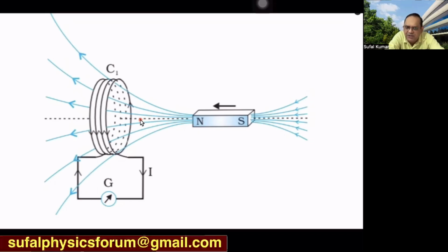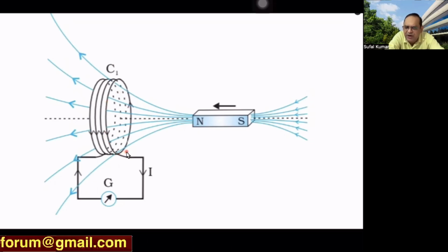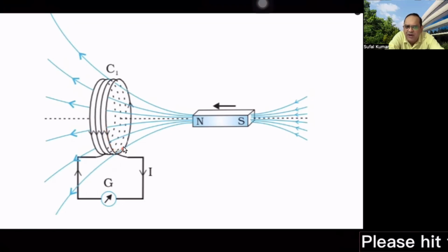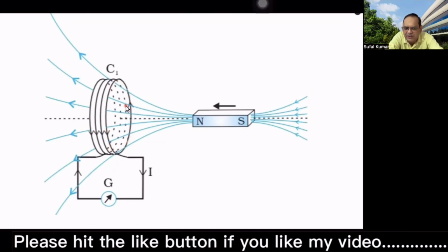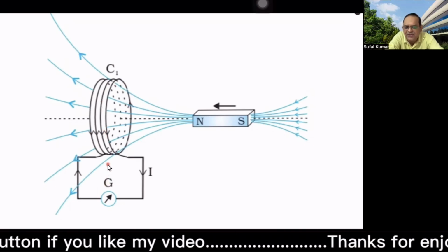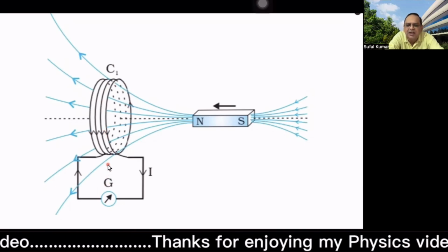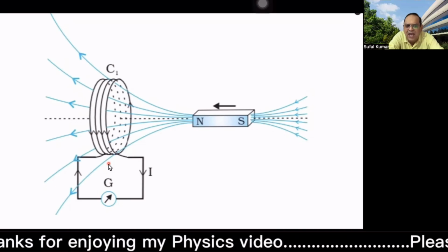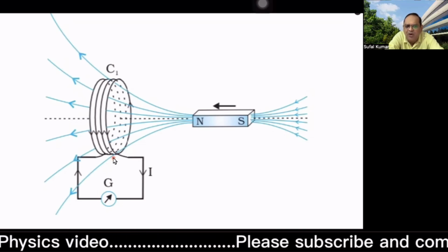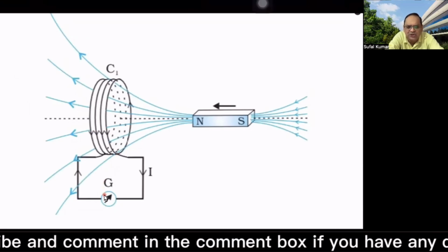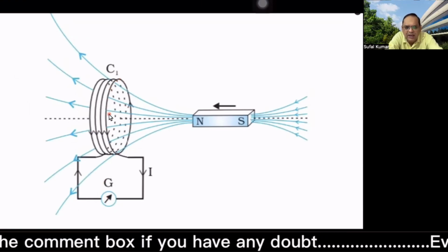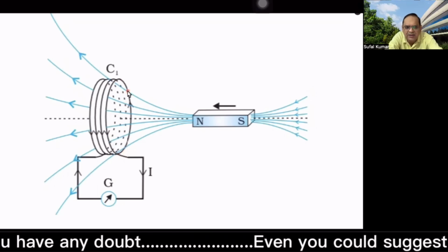So for that purpose, it will have to generate a North Pole, and for a North Pole, it will have to have anti-clockwise current. So this is the anti-clockwise current it has generated. That means induced current is appearing in the form of anti-clockwise current, and hence the galvanometer will show deflection like this.